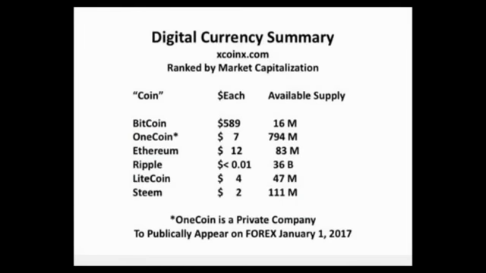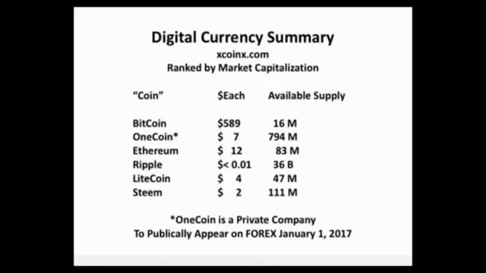So the different coins going down, we see Bitcoin, OneCoin, Ethereum, Ripple, Litecoin, and Steem. OneCoin is a private company. That's why it only shows up here on this particular website. Otherwise, you can't find it. OneCoin is supposed to go public in January. So the cost right now, today, August 15, 2016, you can see is a huge discrepancy.